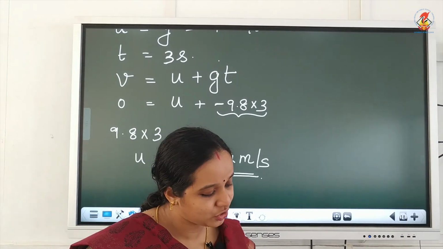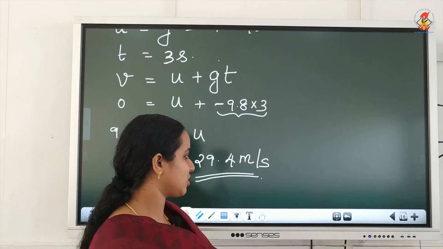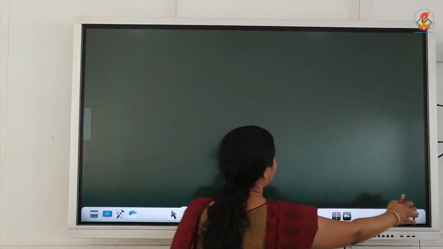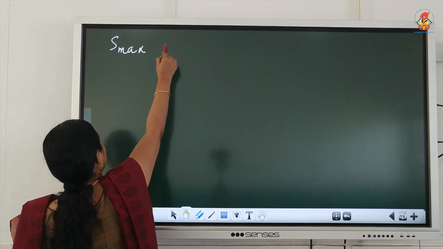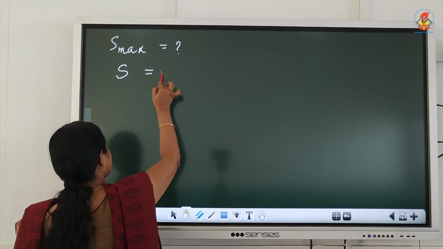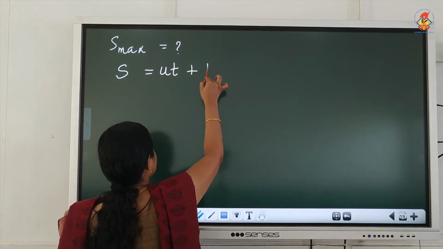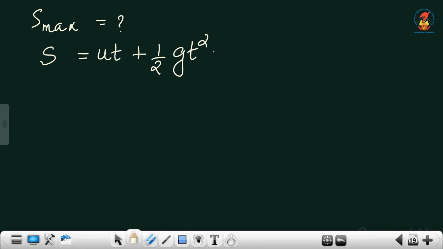Now subdivision 2 is find the maximum height it reaches. You have the formula to find S as ut plus half gt square. Substitute the values. U is initial velocity.